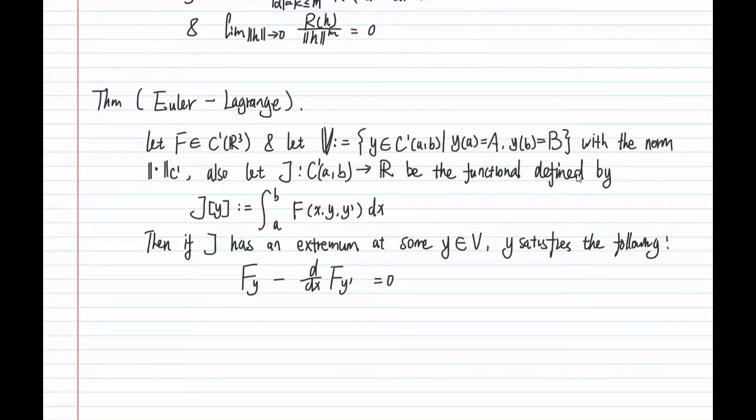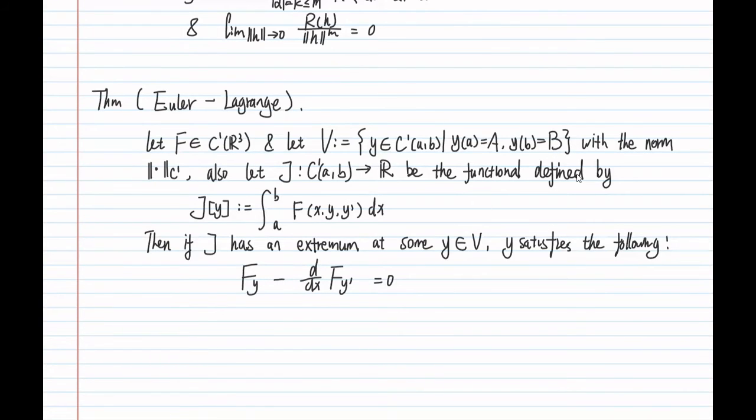So this is actually a subset of our normed vector space C1[a,b], right? But this is not in general a subspace because of this condition.